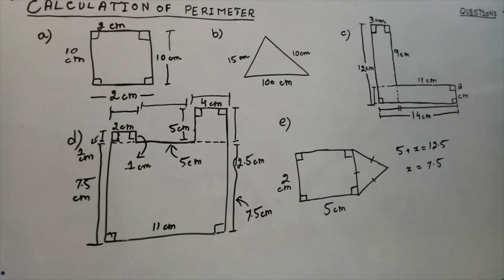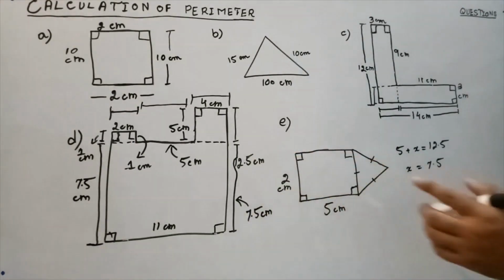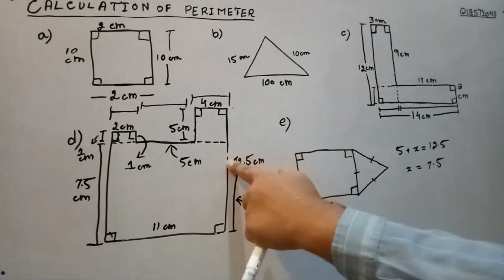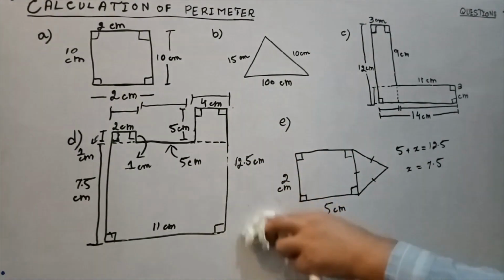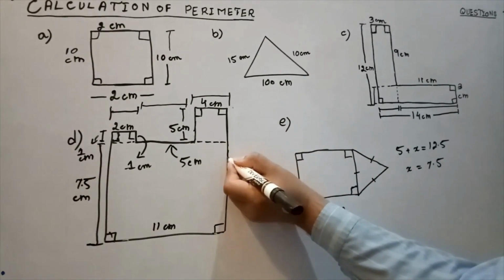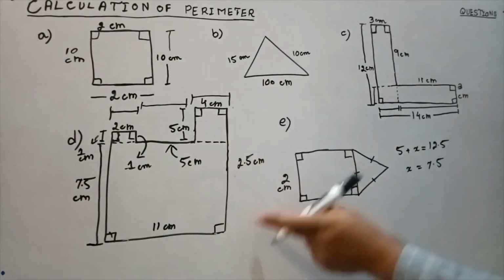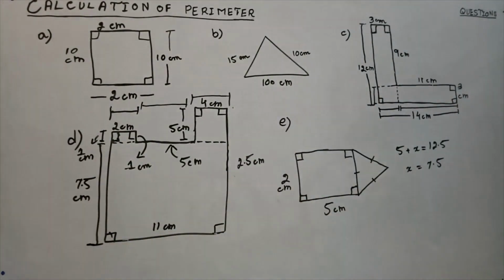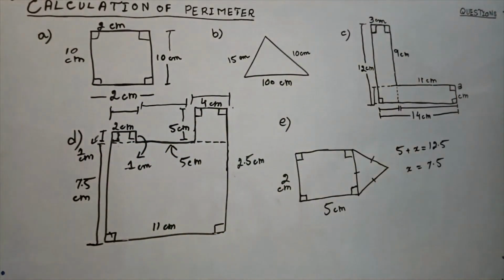Alright, so I think we have got all the lengths. Let's combine them. Here I can write only one length, which is 12.5 centimeters, already known to us. This one is 11 centimeters. From here to here 7.5, and from here to here 1 centimeter.